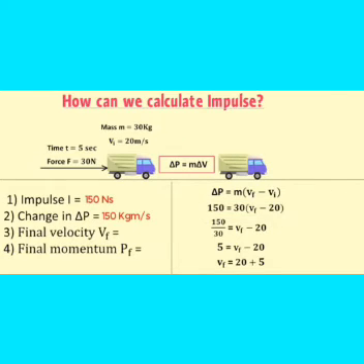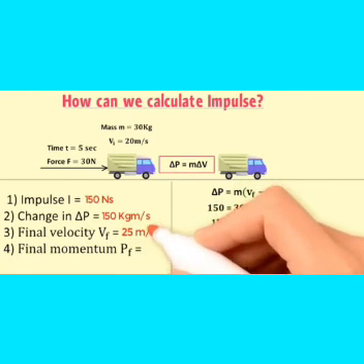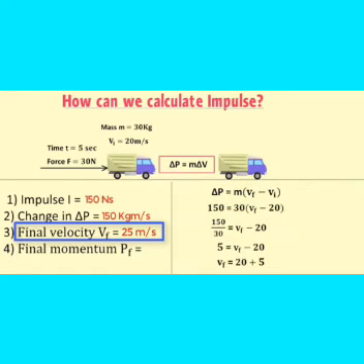Hence, 150 divided by 30 is equal to Vf minus 20. 5 is equal to Vf minus 20. Our Vf is equal to 20 plus 5. Thus, the final velocity of the object is 25 meter per second.